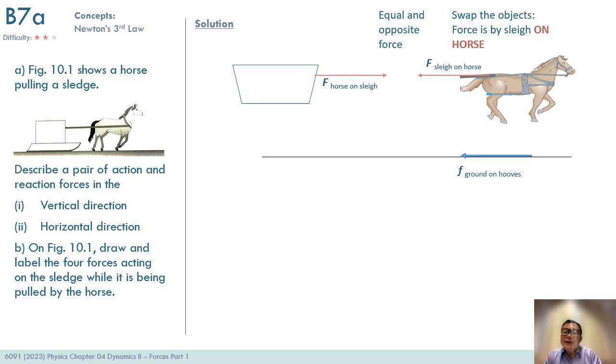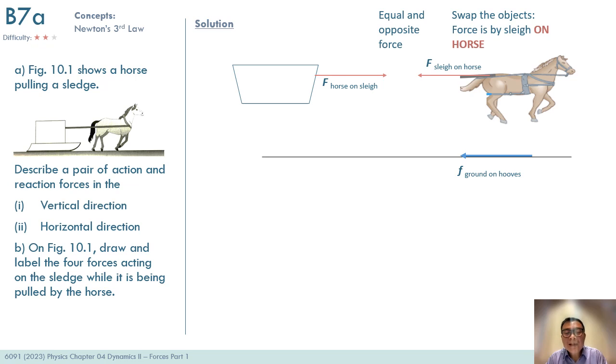Now, there is a second pair of forces that we can find. When the horse wants to move forward, it must dig its leg backwards. So the horse is pushing on the ground backwards. If you are the ground, you will feel that the horse is pushing you backwards. So I've drawn this backwards force, a frictional force acting on the ground by the hooves of the horse.